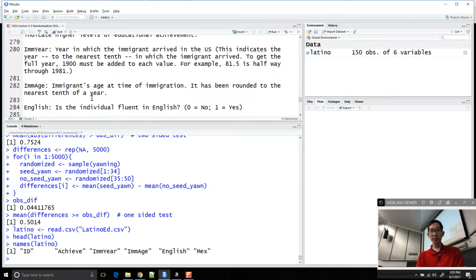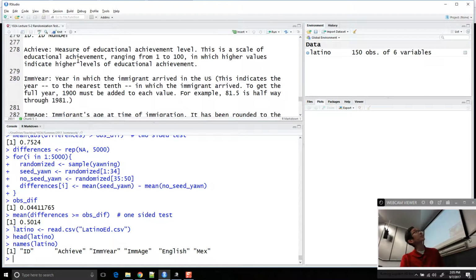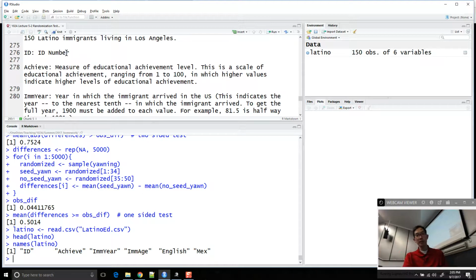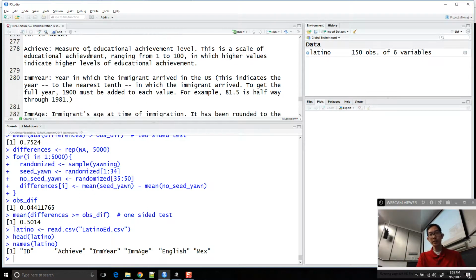These are the headings, and we start off with an ID number. Achievement is a measure of educational achievement level. This is a scale ranging from 1 to 100, in which higher values indicate higher levels of educational achievement. I don't know how they assigned these numbers.